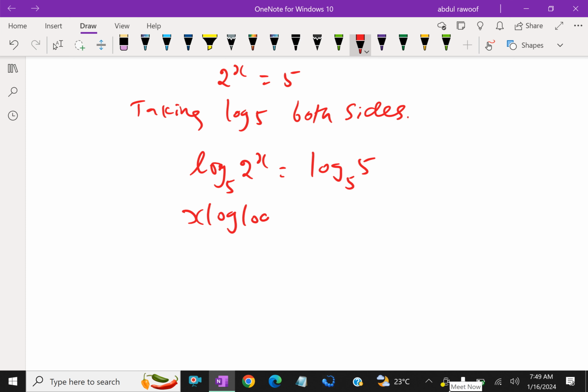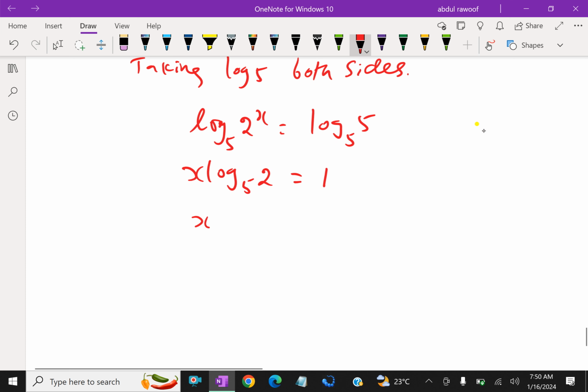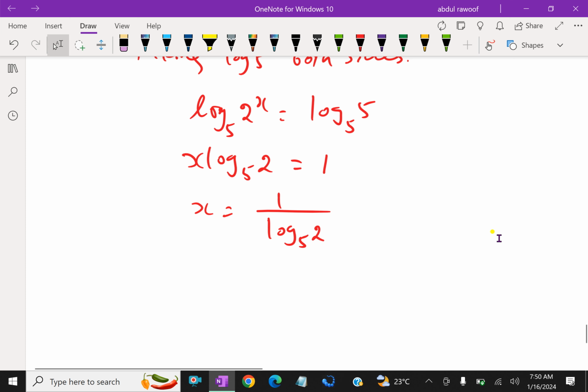We know that log 5 base 5 is 1, because the base and the number are the same. Now from this, x equals 1 over log base 5 of 2, which is further equal to log base 2 of 5.